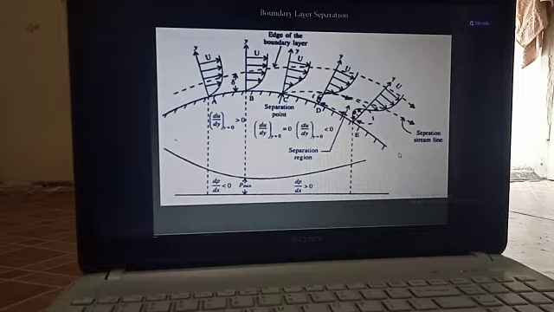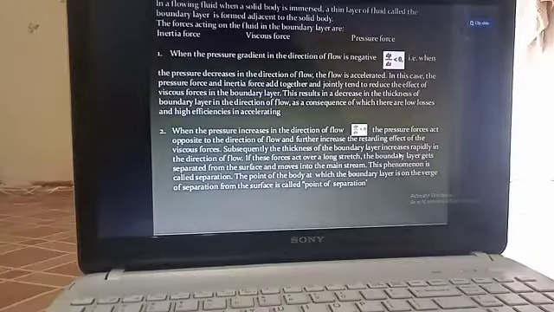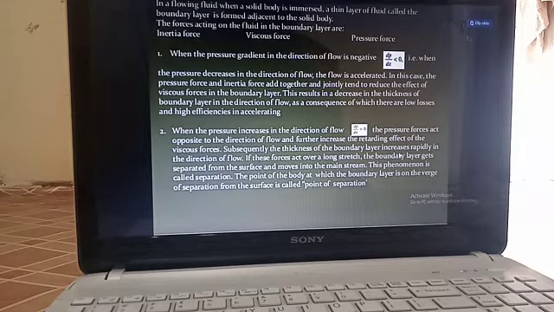Actually, how it occurs, we will see in this slide.